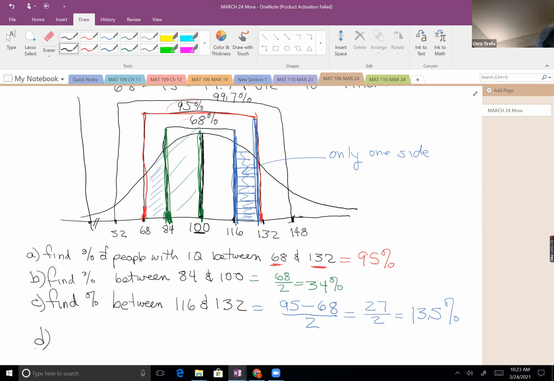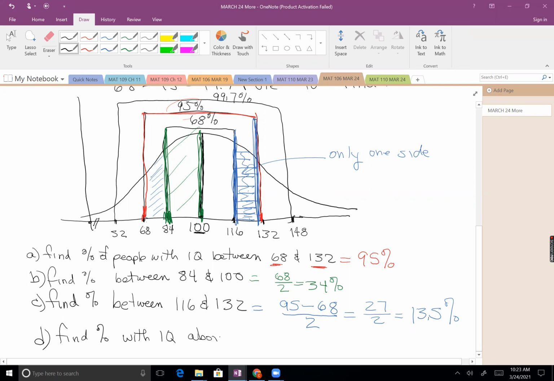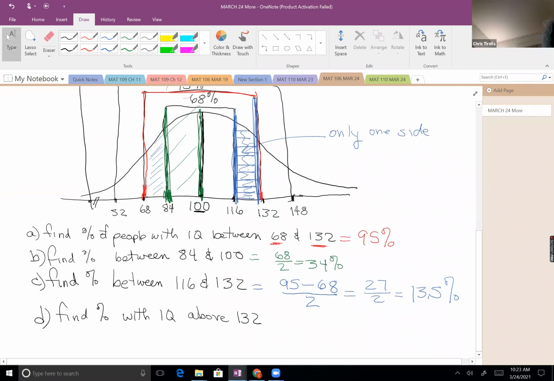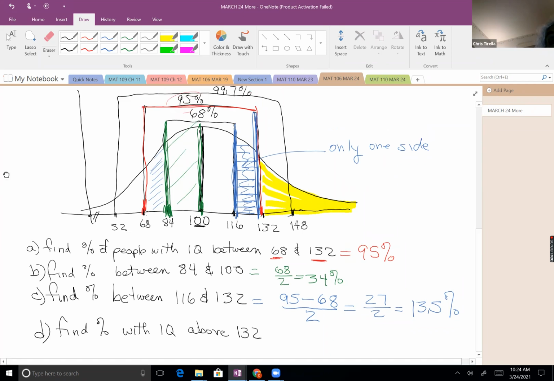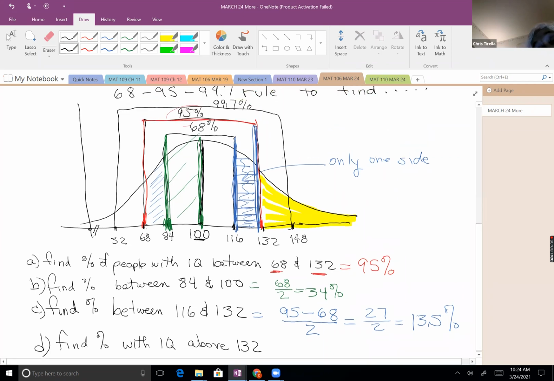Yes. And the next one asks us to find the percent with an IQ above 132. Well, above 132 would be everything to the right of 132. And as I look at that, do you see how we're even going outside of that 99.7?